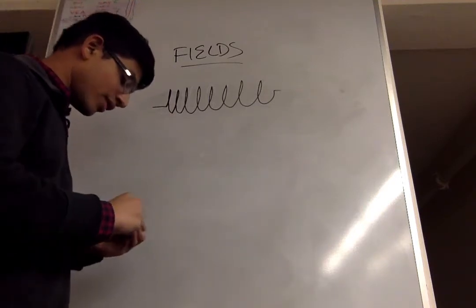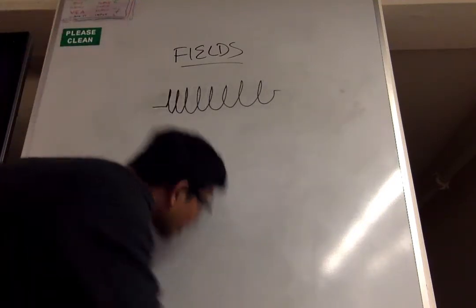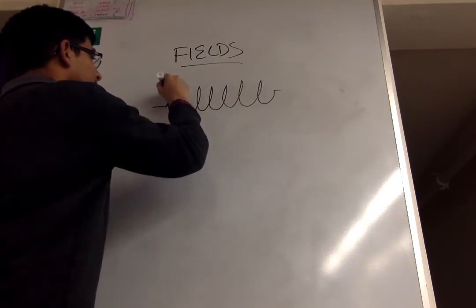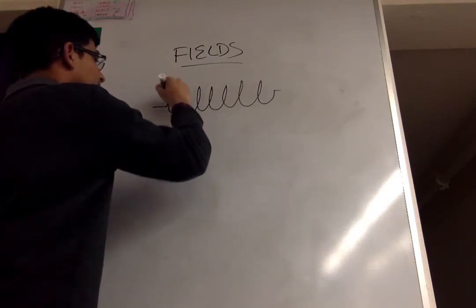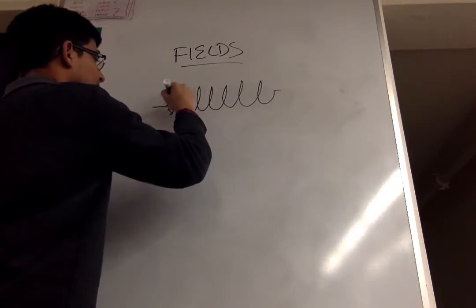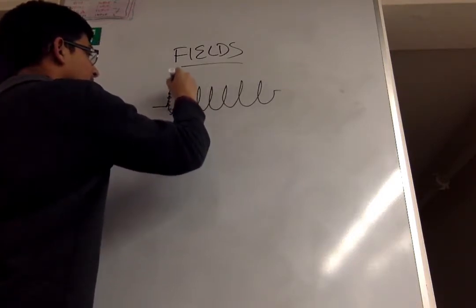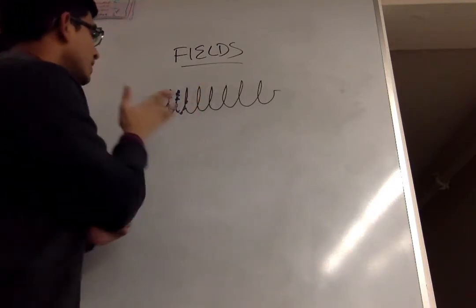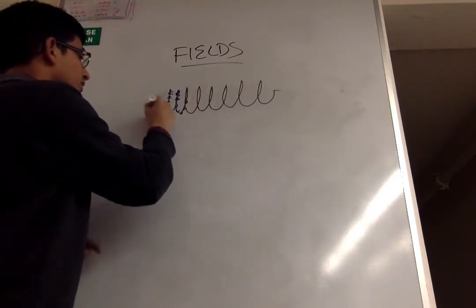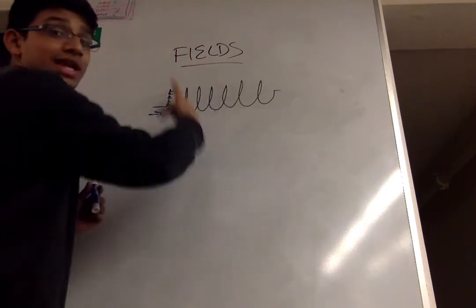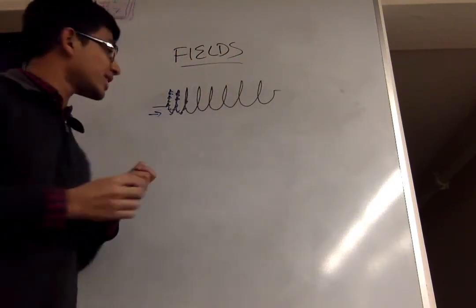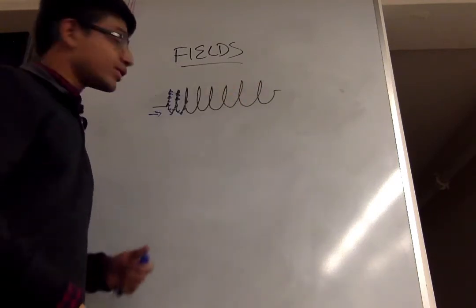And suppose our current was going in the loop like this. That is, it's going from this side, it's going here, and it's going around like that. Okay, so what is the direction of the magnetic field inside of the solenoid?